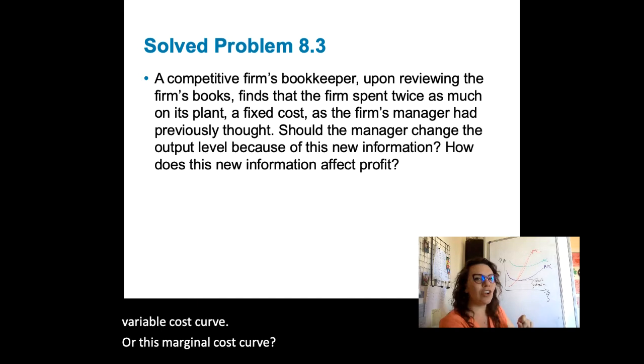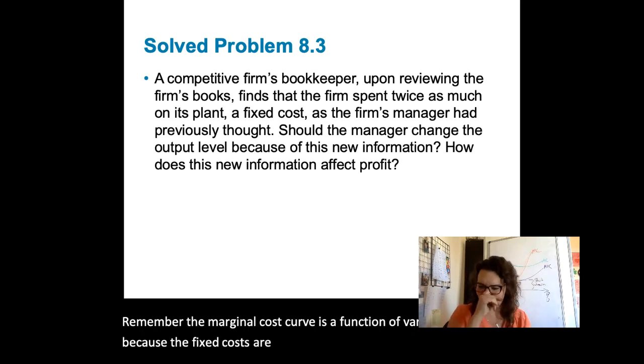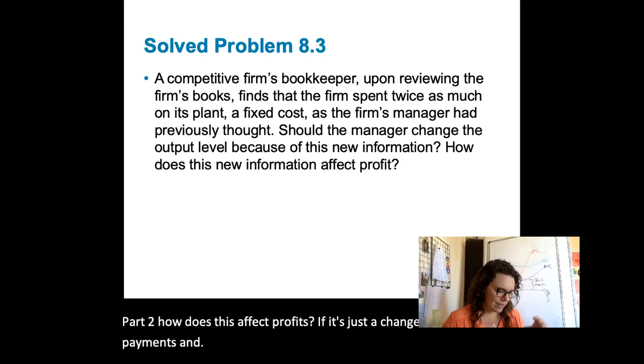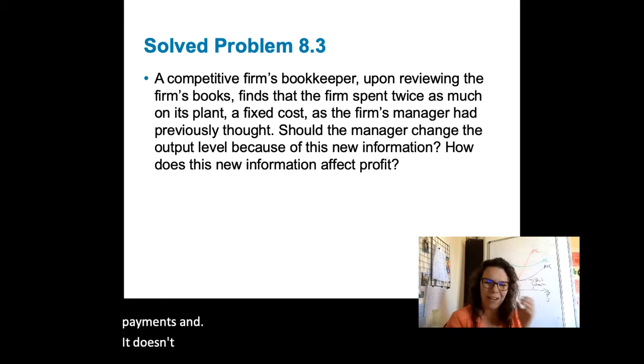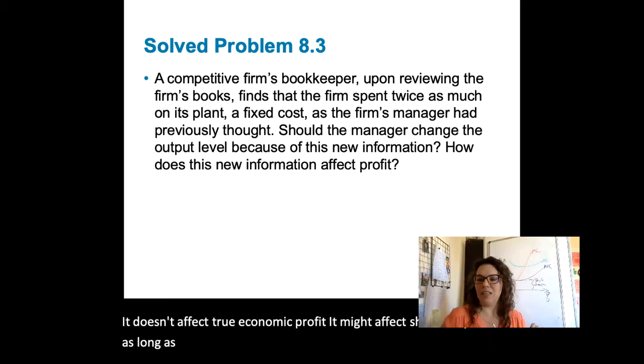Remember, the marginal cost curve is a function of variable costs because the fixed costs are the same in the short run. Part two, how does this affect profits? Well, if it's just a change in historical payments and it doesn't affect true economic profit, it might affect short-run profits, but as long as the opportunity cost is unchanged, it's not going to affect economic profit, not true economic profit.